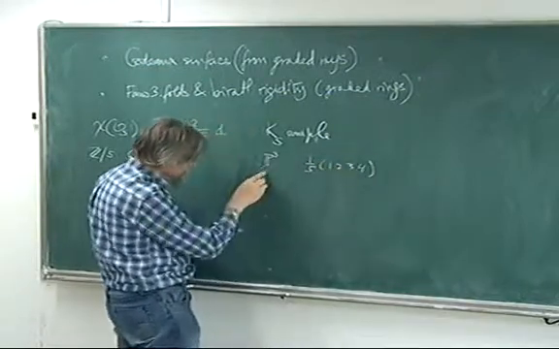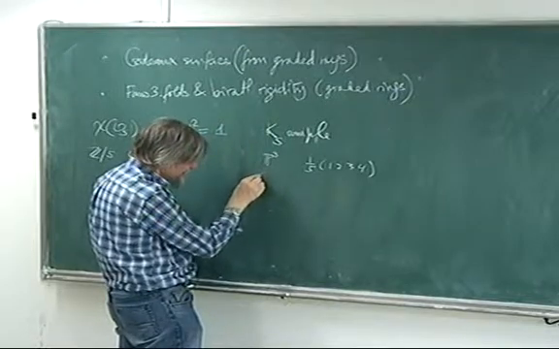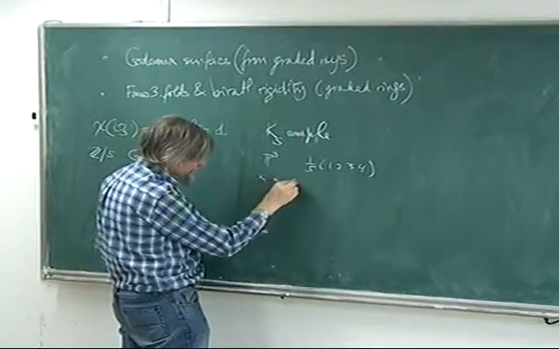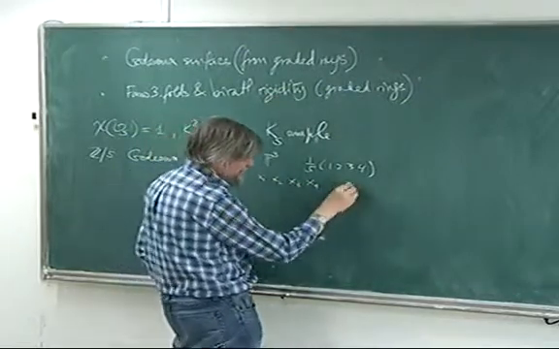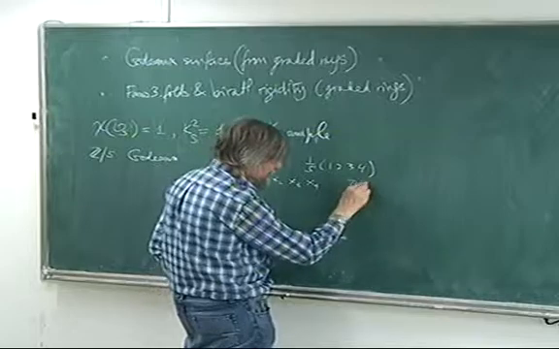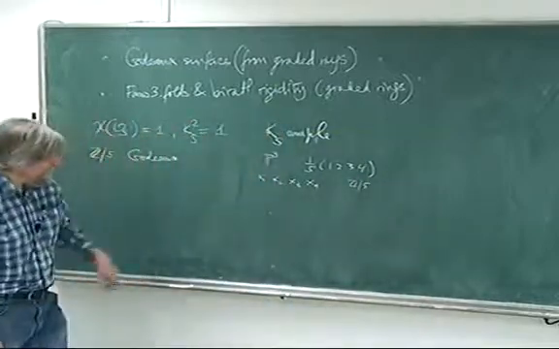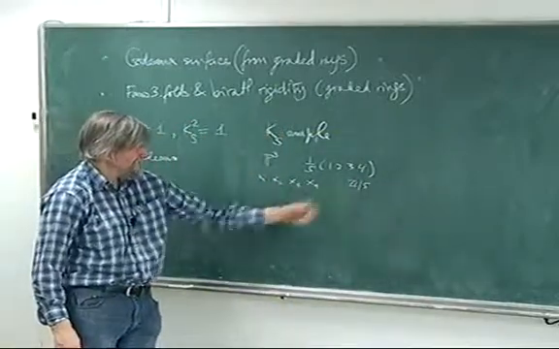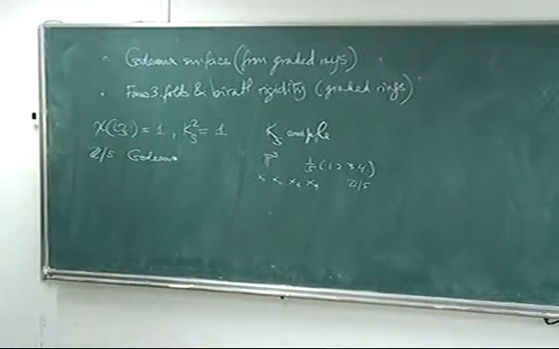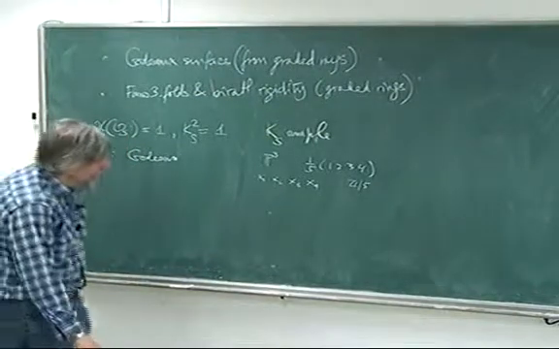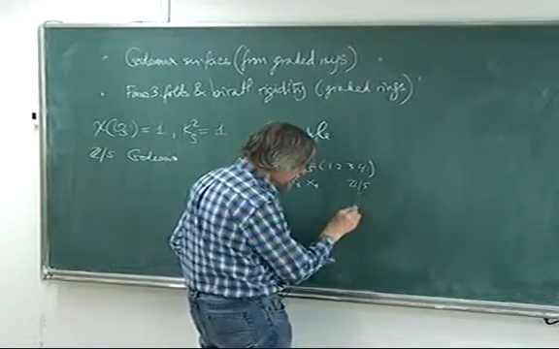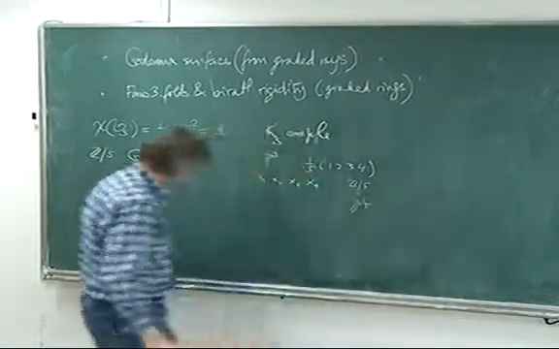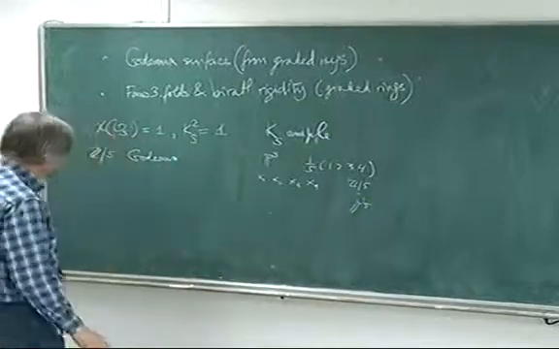So in other words, this P3 has coordinates x1, x2, x3, x4, and these are eigen coordinates for the group action Z mod 5. Right, so these are the non-trivial characters of the group Z mod 5. Or in characteristic 0, this is mu 5, after I make a choice of root of unity.